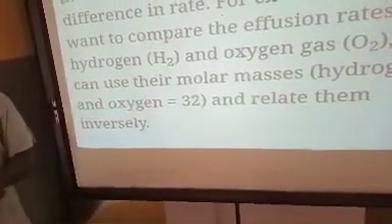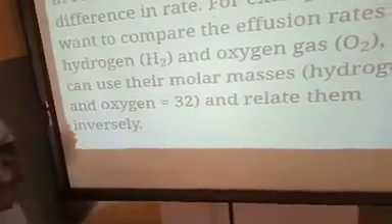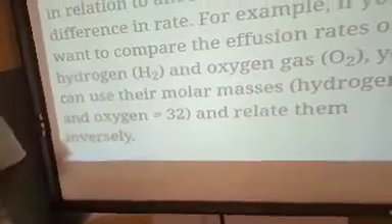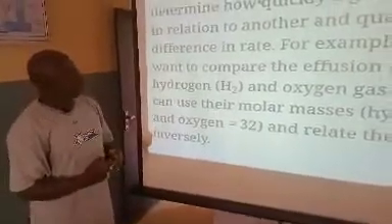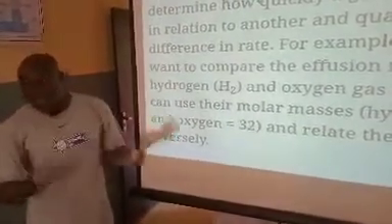I want to believe that we all had fun in explaining Graham's law of diffusion of gases, and in our next class we'll be looking at the calculation aspect of this law.